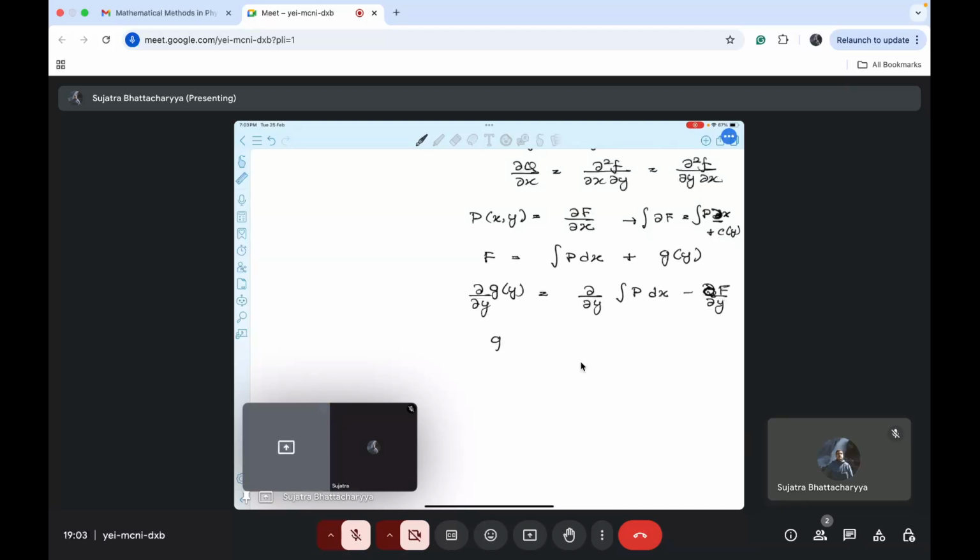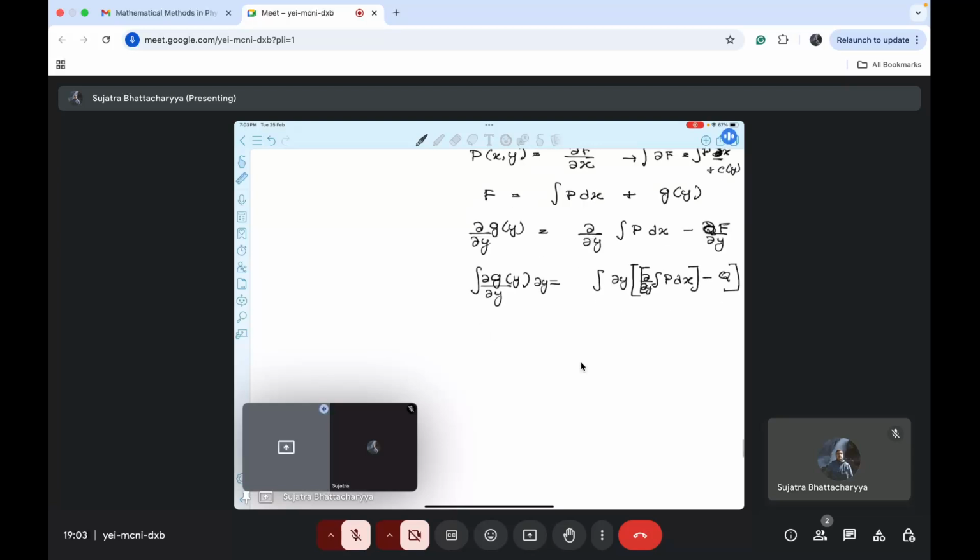So g of y is now, we can write this as, fine, let me write delta y here, and here also you try to integrate with respect to y, and you have the integral of p dx. Delta by delta y of this minus q. This is what you are having.